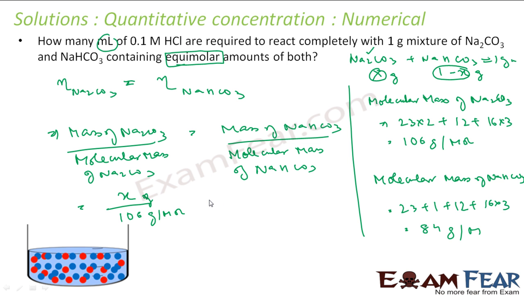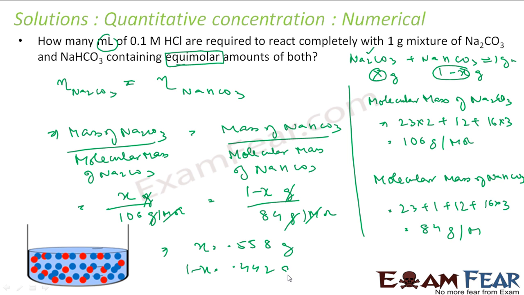This X gram is equal to mass of NaHCO3, which is 1 minus X gram, and its molecular mass is 84 gram per mole. Gram cancels, per mole cancels. You solve this, you get X as 0.558 gram. That means Na2CO3 is 0.558 grams, and 1 minus X you will get 0.442 gram.